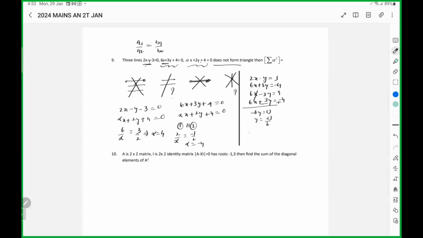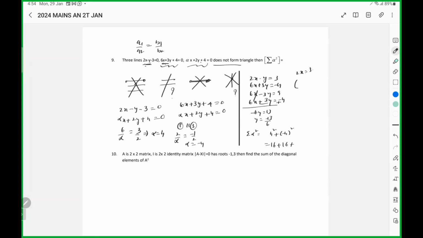So possible values 4 square plus minus 4 whole square, 13 by 6 whole square. So after simplification, 16 plus 16 plus here this, it's not 13 by 6.